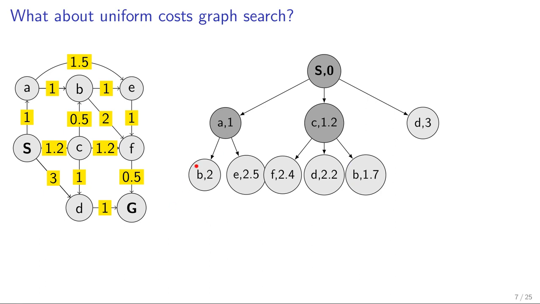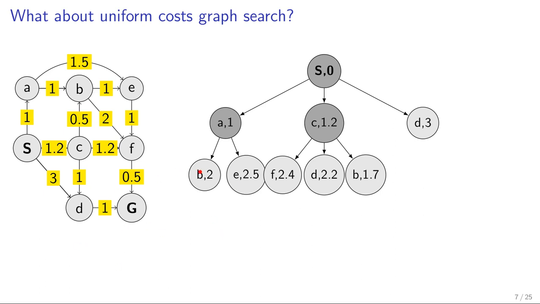Okay, but now what I wanted to talk about, which is a little tricky, is that we have these 2 times B, and you see this is graph search, which means, just like we saw before, we don't want a node from the state space 2 times here, right? Because there's only one node B in the state space. So we want to keep only the one that is cheapest, because we don't want to get into this redundancy thing, which makes our search inefficient.